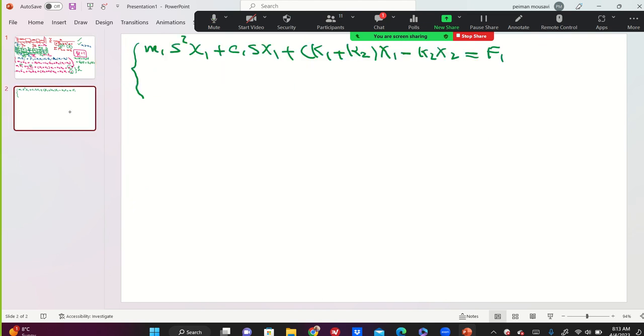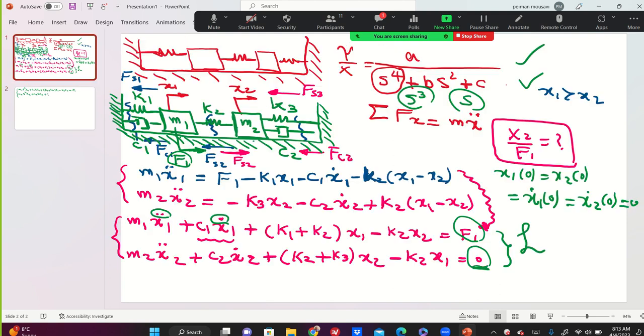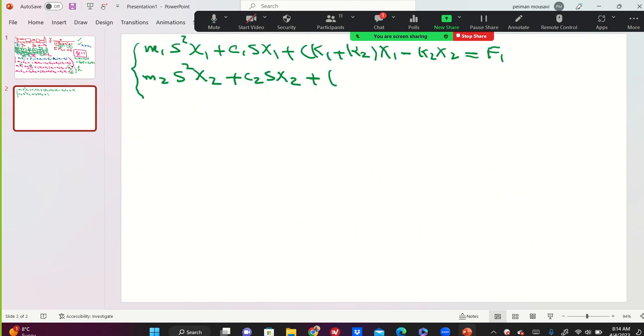Now the other one, m2 s square x2 plus c2 s x2 plus (k2 plus k3) x2 minus k2 x1 is 0.